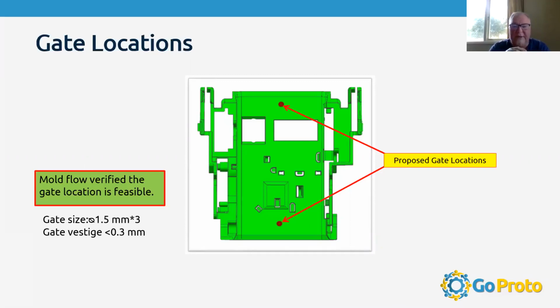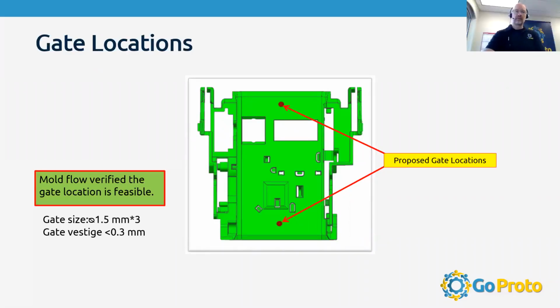You'll see that a little bit later as well. All the material has to flow around all these openings and all these features and down through these narrow features to fill this part. So we want to make sure it's good. This is what was recommended. We verified it in the Moldflow, and it was all good.